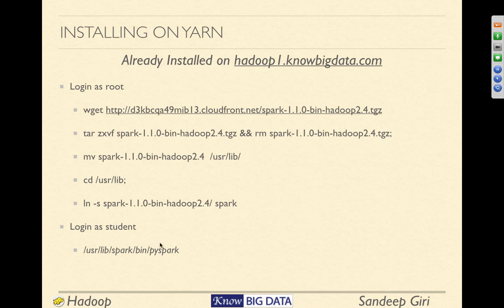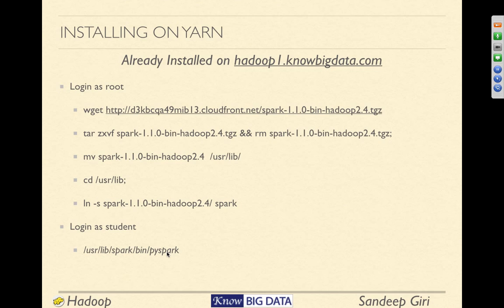Because we have given it a nice place, it's now located in /usr/lib/spark/bin/pyspark. So bin contains multiple binaries. By default it gives you the Scala one, meaning, okay, let me take a step back. The way we will be seeing Spark is like a command prompt from where we will be executing code, and that code can be in Python, Scala, or Java.